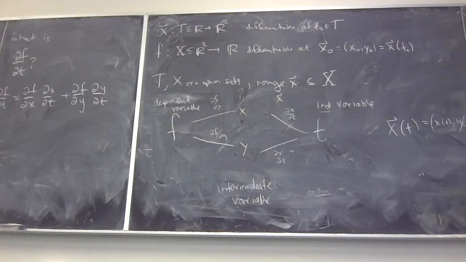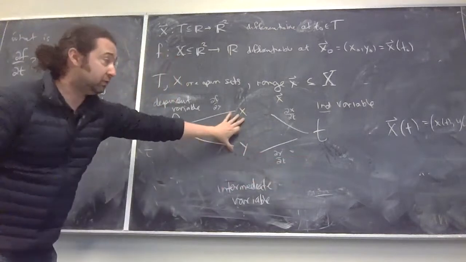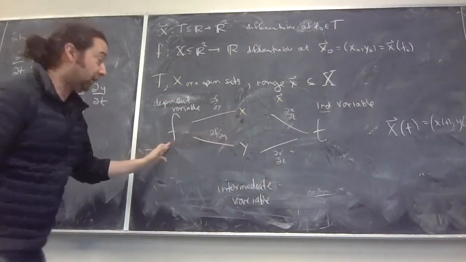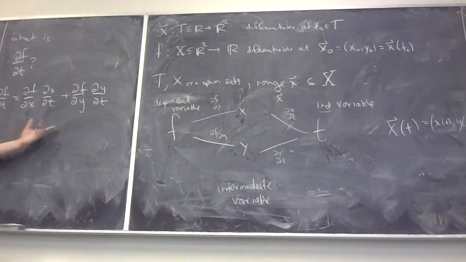Now, the other thing I want you to imagine is that it is pretty easy to see that this kind of notation is going to get ungainly pretty fast, because I only have one independent variable and two intermediate variables here and one f. There's not even a vector valued f happening. And already, if I put one more intermediate variable in here, I get an extra term. And if I put another independent variable here, I have a whole other equation with a whole bunch of other terms.